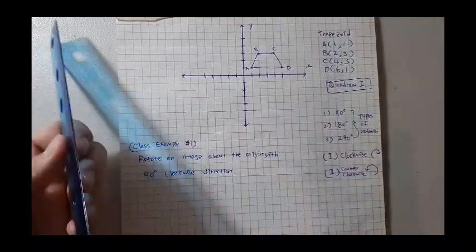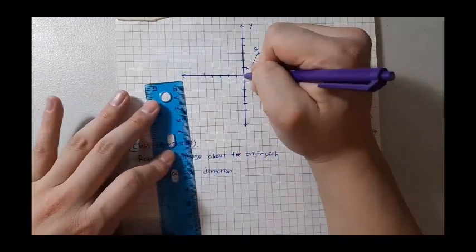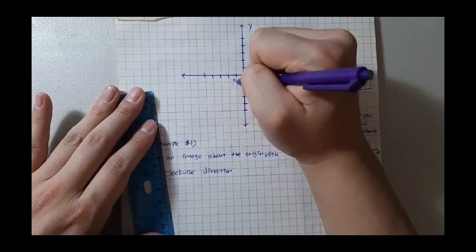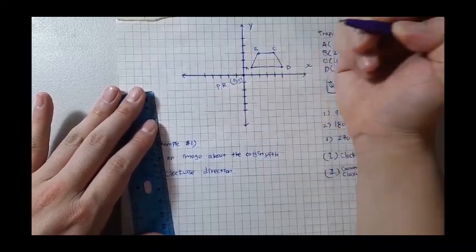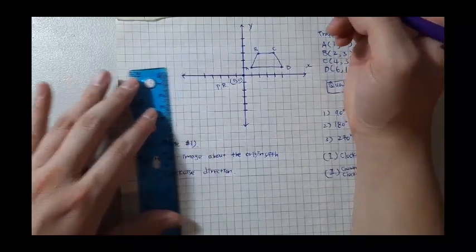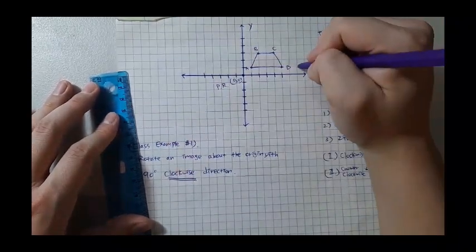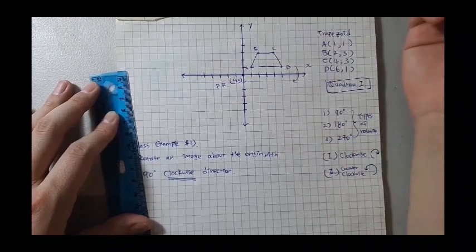One of the methods that I like to use is using this ruler. So first things first, this origin 0, 0 is my point of rotation. I'm going to call it PR. One thing that you need to understand is clockwise already tells me that the rotation will go this way, not the other way around.